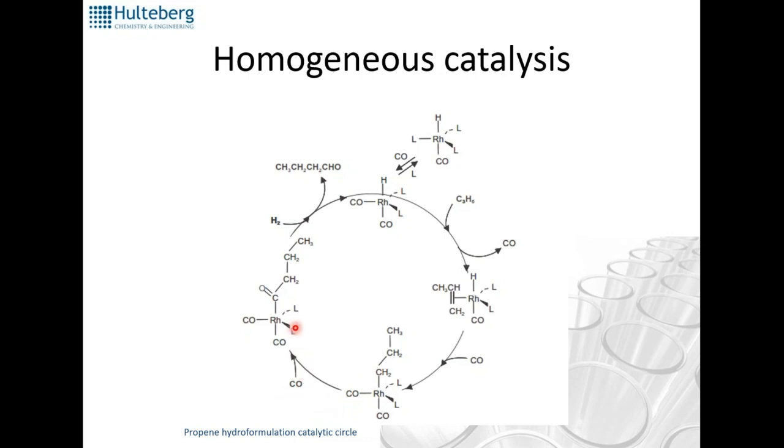Form another CO adding here, going in between the rhodium and the former propylene. And finally, we use hydrogen to saturate this bond to release it, and we reform this catalytic complex again. So one full cycle, we consume one CO and one hydrogen to form the butyric aldehyde from propylene, CO, and hydrogen.